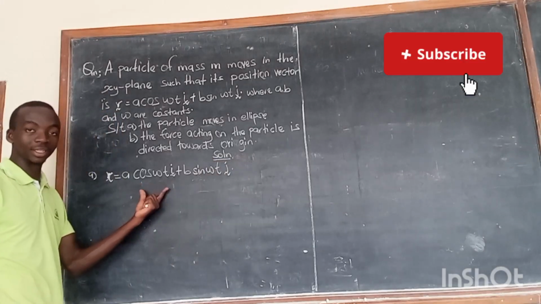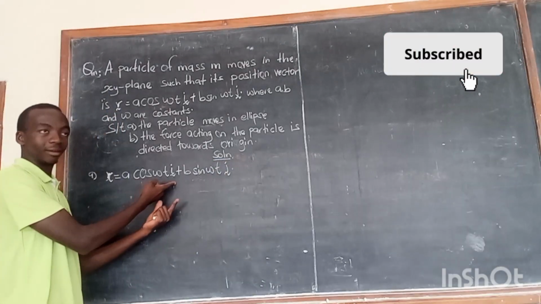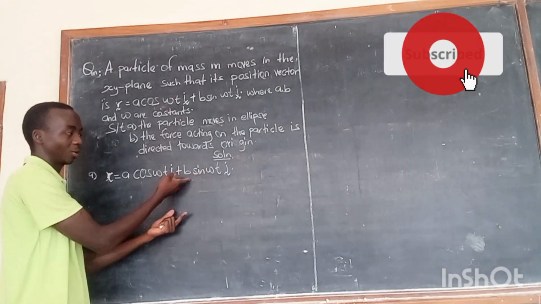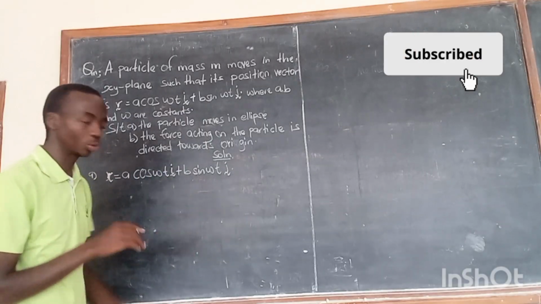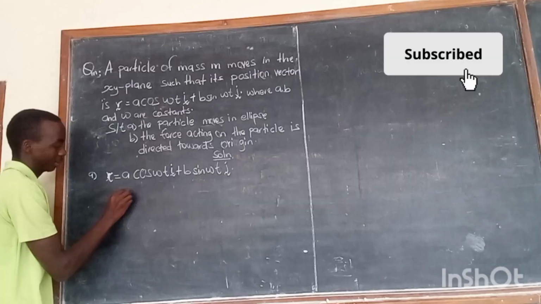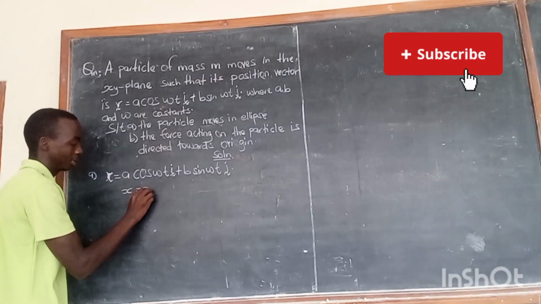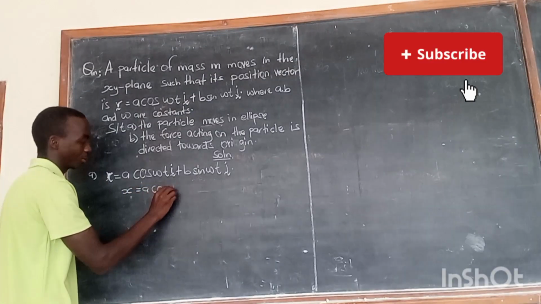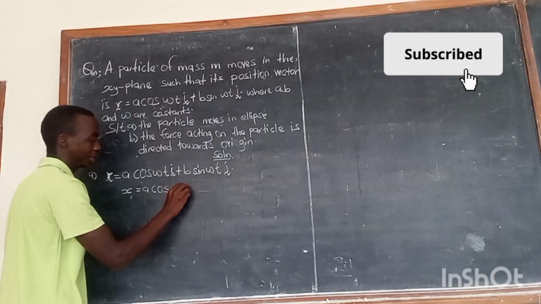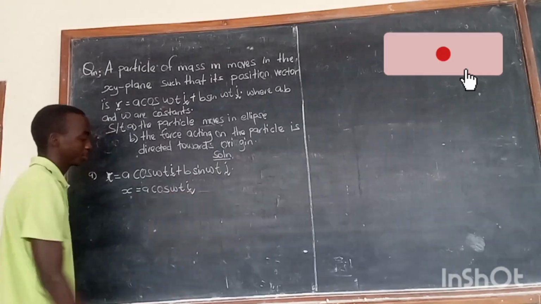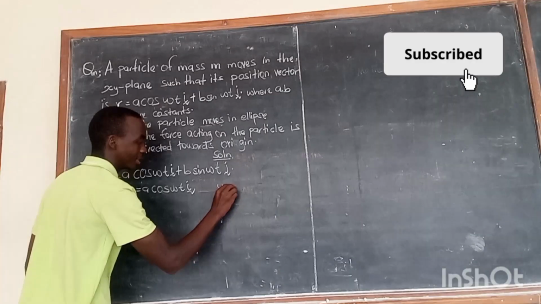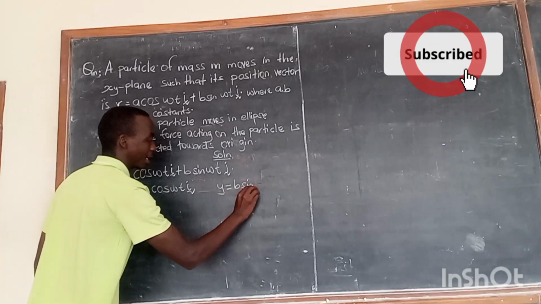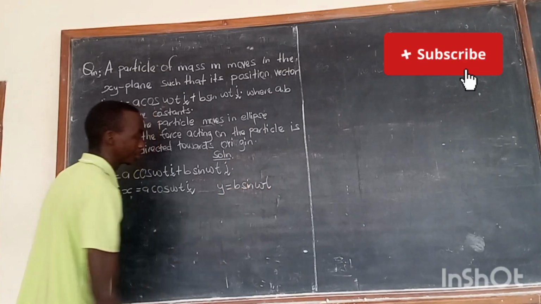So this is its position. This is the x component and this is the y component. So from here, we can split it into two. We say that x is equal to a cos omega t, and also y is equal to b sin omega t.